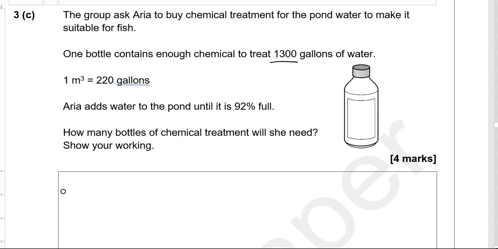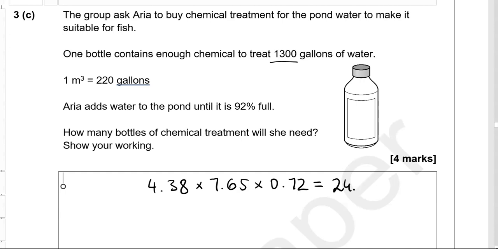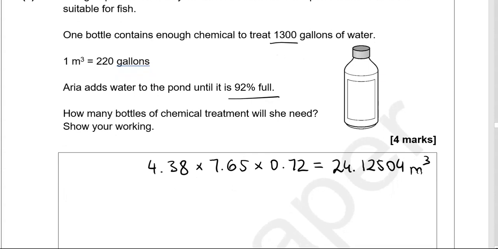So 4.38 times 7.65 times 0.72, which gives us 24.12504. And that would be cubic meters, because we used meters.